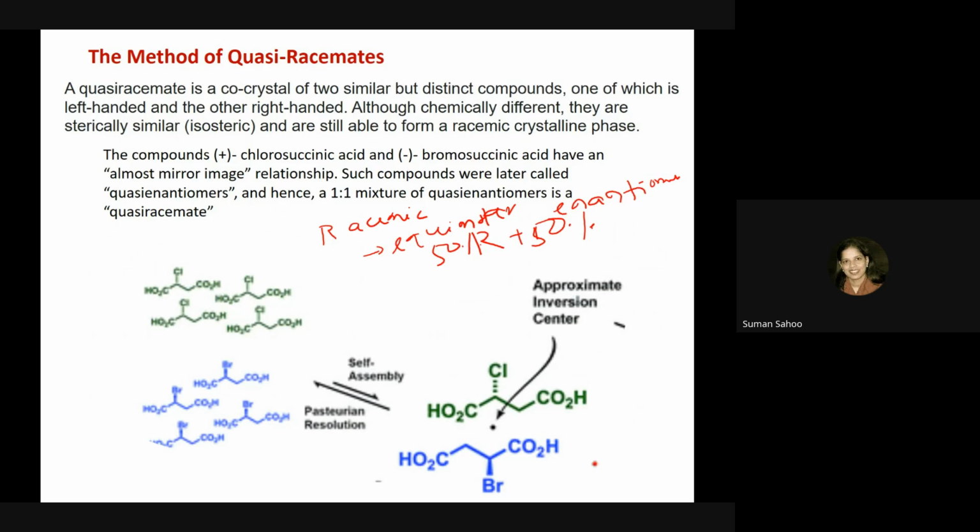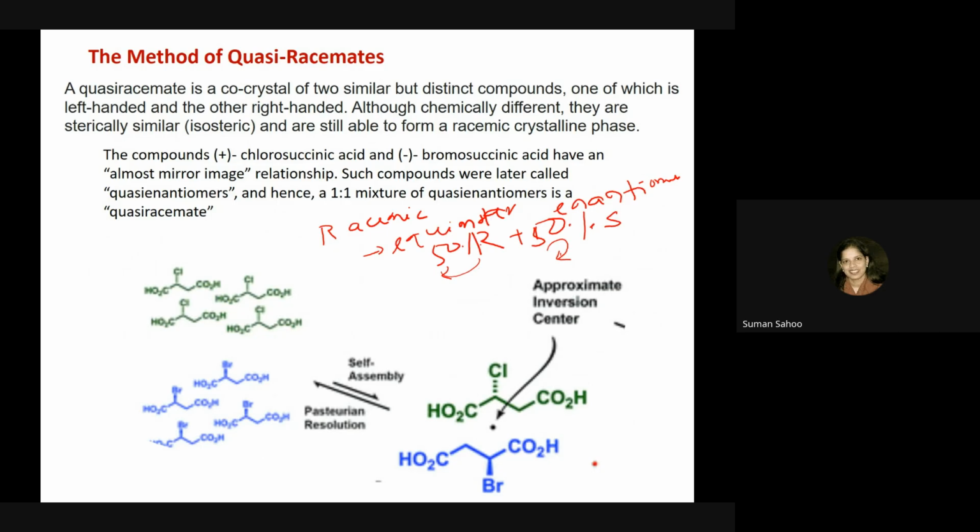The R enantiomer and the S enantiomer are mixed equally, and that forms a racemic mixture, known as a racemate. This racemic mixture cannot rotate plane polarized light, because if one rotates it in the clockwise direction, the other will rotate it in the anti-clockwise direction. So that was about our racemic mixture, which gives us a racemate.